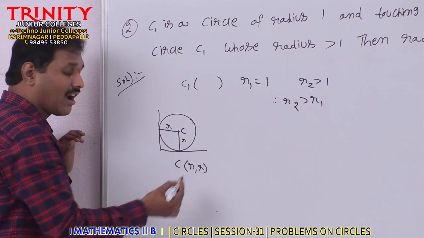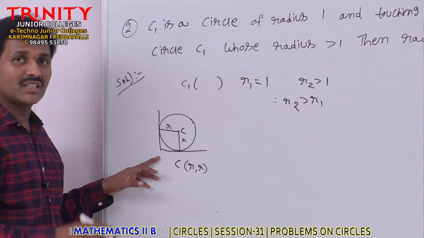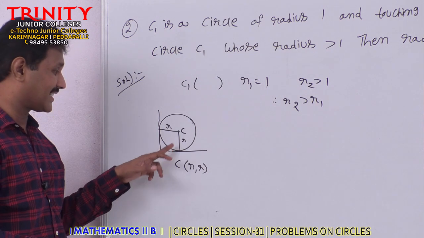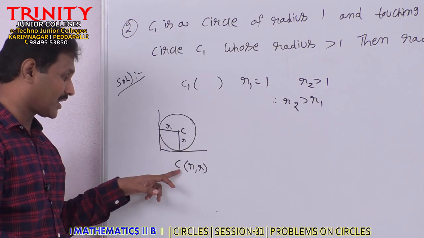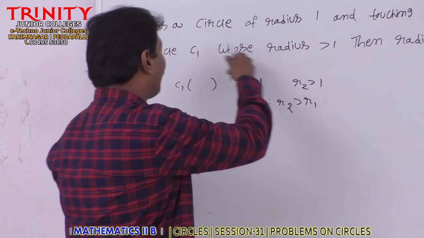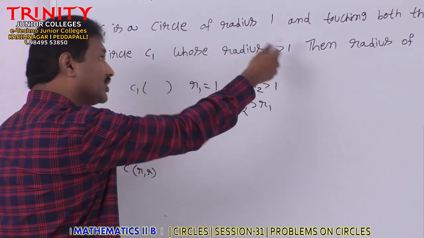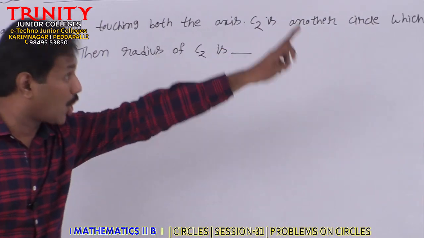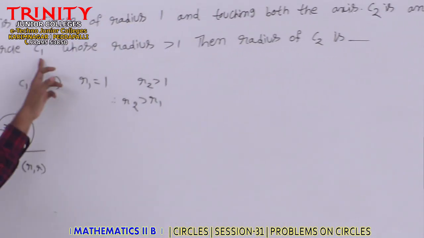Therefore, the center is (R, R). In this case, the first circle touches both the coordinate axes, and another circle touches both the coordinate axes and touches the circle C1.